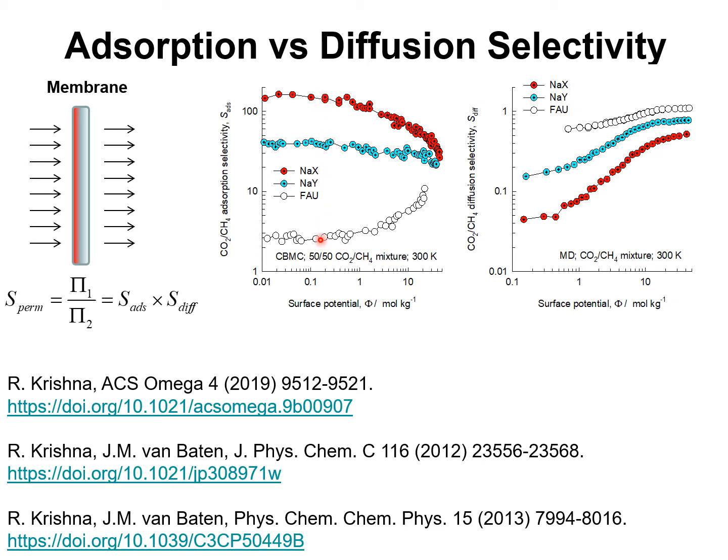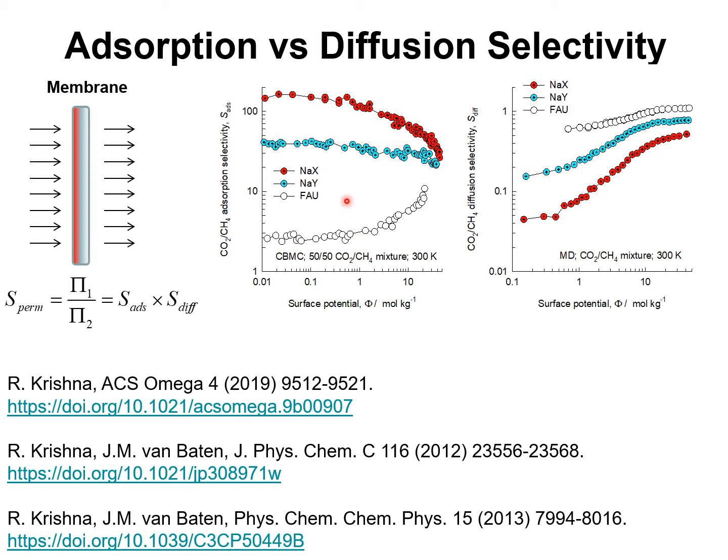However, the increase in the adsorption selectivity is at the expense of diffusion selectivity, and NaX zeolite has a diffusion selectivity of CO2 with respect to methane that is about 1 order of magnitude lower than that of all silica faujasite. The decrease in the diffusion selectivity is due to the fact that CO2 is much more strongly adsorbed, is much less mobile than methane.